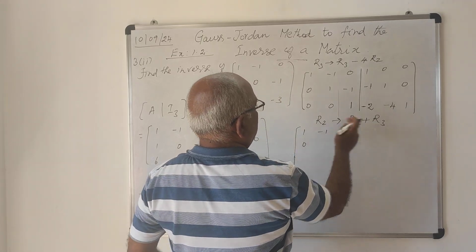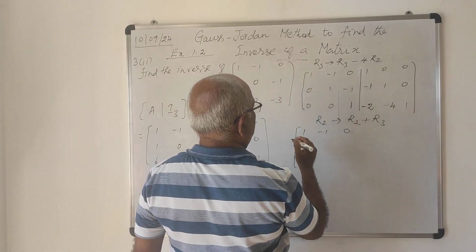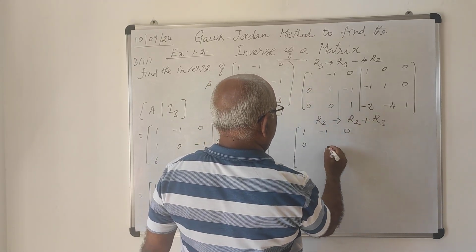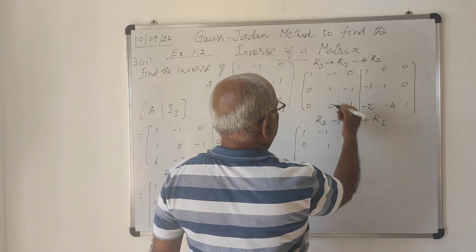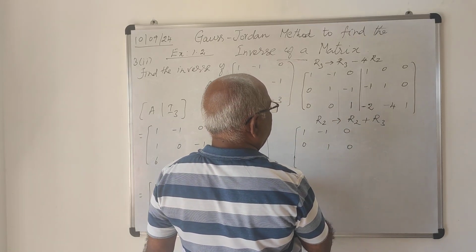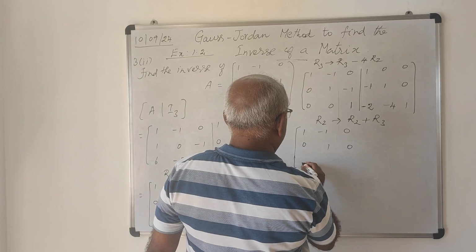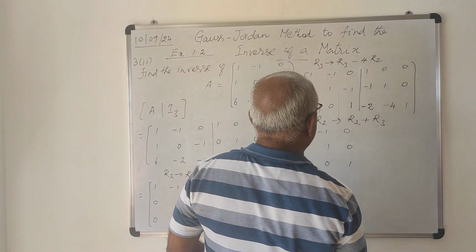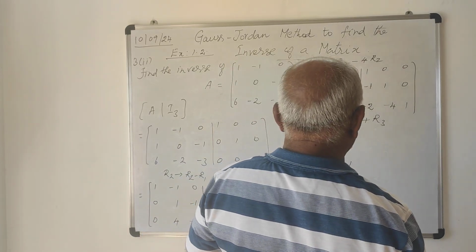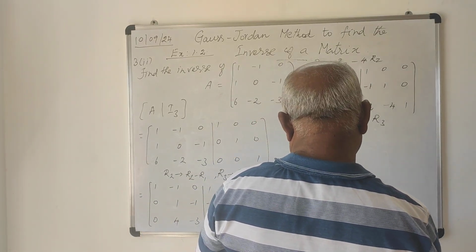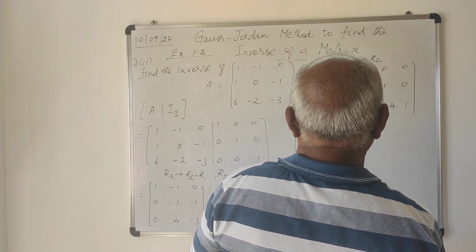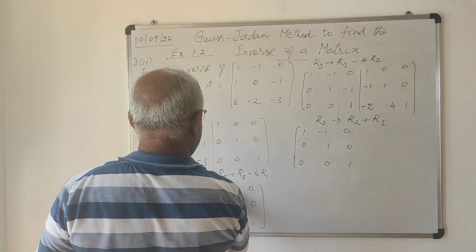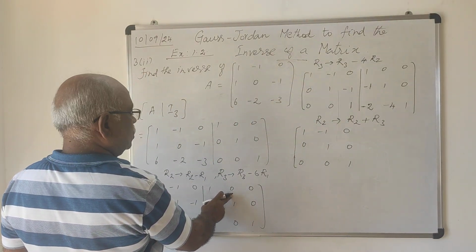R2 plus R3: 0 plus 0, 0. 0 plus 1, 1. 1 minus 1, 0. And 0, 0, 1. Here we will get 0, 1, 0, 0.